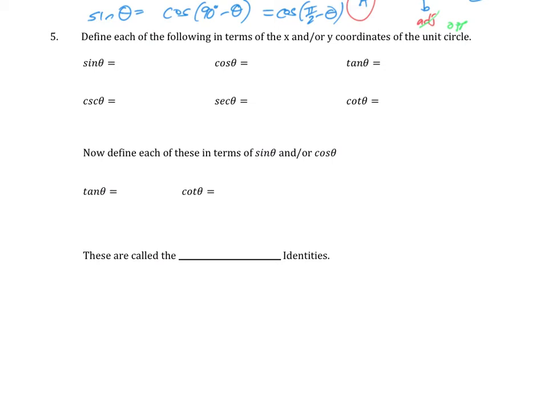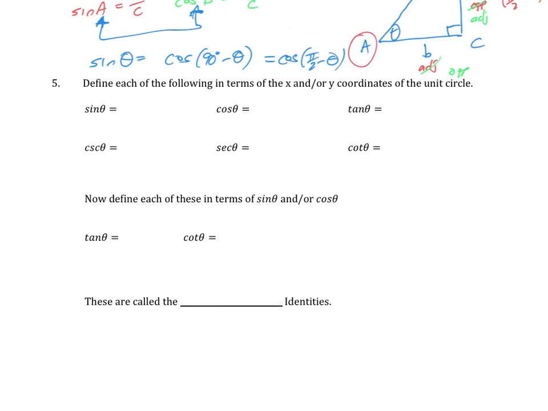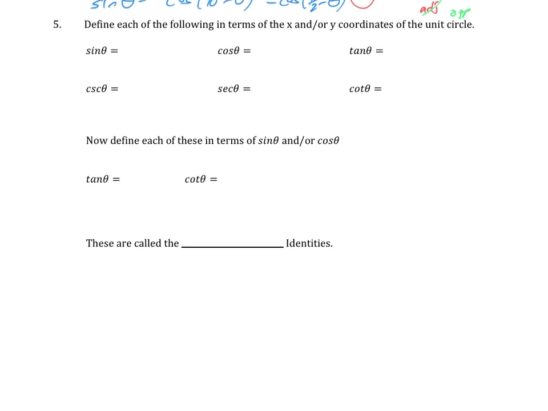In example 5, we're going to confirm some other identities. So to do that, we're going to think about the unit circle again. So I'm going to just review the unit circle. I'm going to draw my unit circle. I'm going to pick a point on my unit circle.